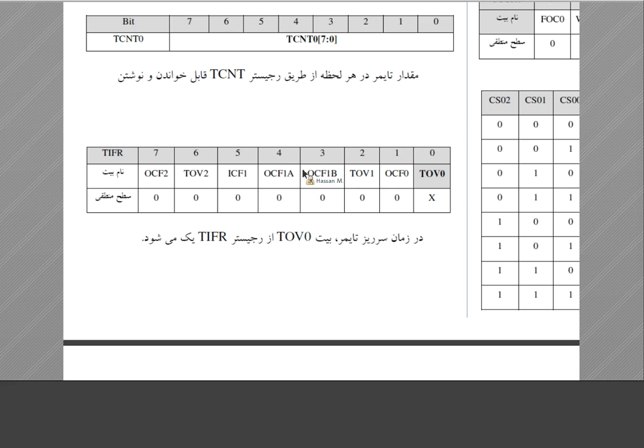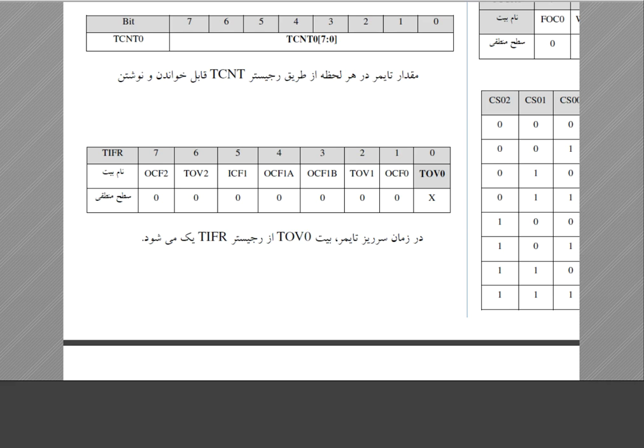In timer 1 we have 2 compare flags, OCR A and OCR B. For example, we are counting from 0, 1, 2, 3, and OCR A maybe is 100, and OCR B is 200. When TCNT is 100, you have the first compare match with OCR A. You keep increasing 101, 102, 103.